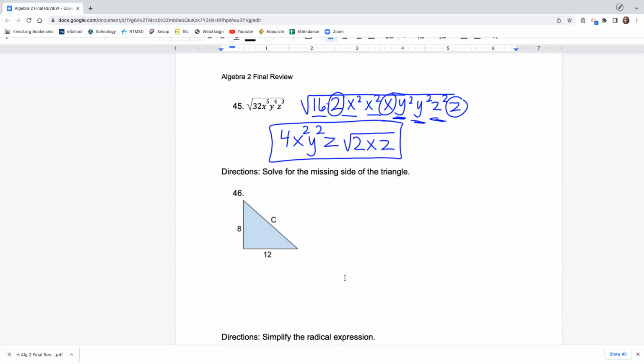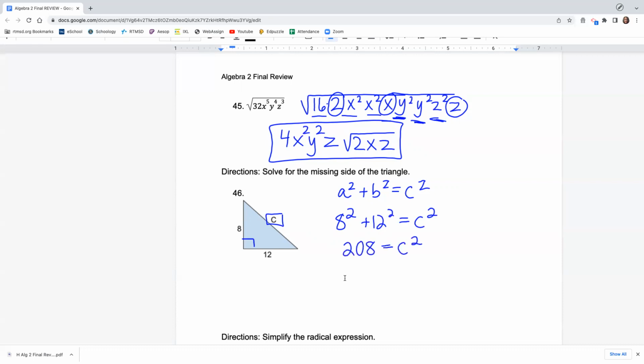Number 46 is an application problem. We know that a squared plus b squared equals c squared in right triangles. So we are trying to find the c, which is the hypotenuse. What I would do here is take the legs 8 and 12, square them separately to try and find what c is equal to. Well, 8 squared plus 12 squared is 208.